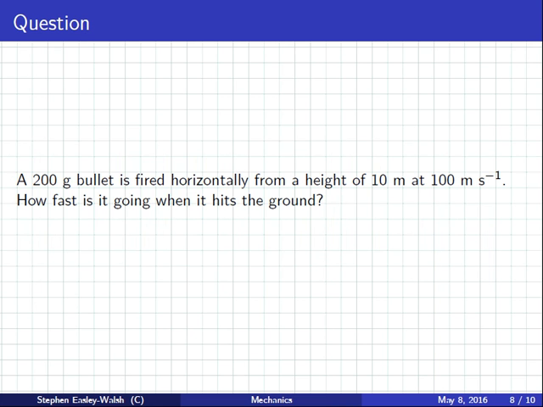Okay, this is a good example of how you can use this to make a difficult problem simpler. I'd like you to write this one down. It's an important example.